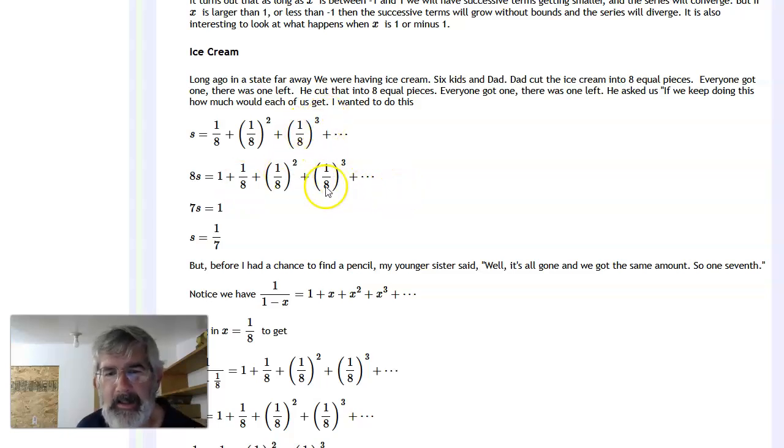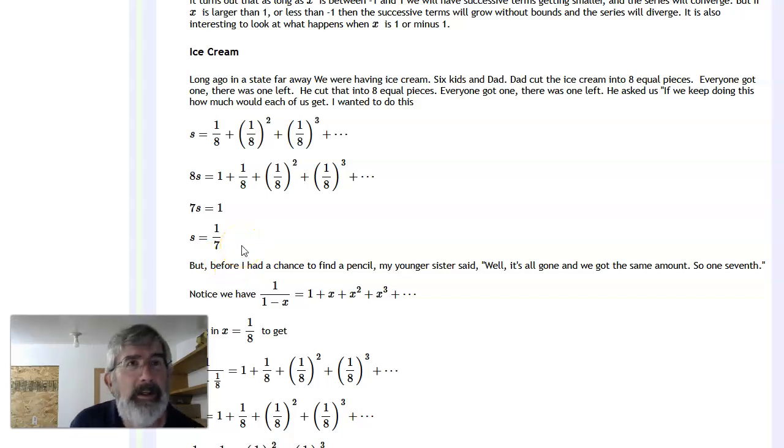And it looks like then, if I do the 8s minus s, so this one minus that, I'd get 7s. But here, if I do the subtraction, I'd have 1, and then plus an 1/8 minus an 1/8, plus an 1/8 squared minus an 1/8 squared, plus an 1/8 cubed minus an 1/8 cubed, and so all of those would go away, and it'd just be a 1 left on the other side, and I'd divide and say that the sum of that original thing is 1/7.